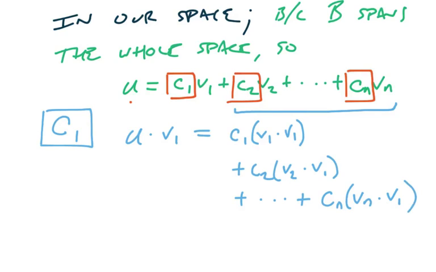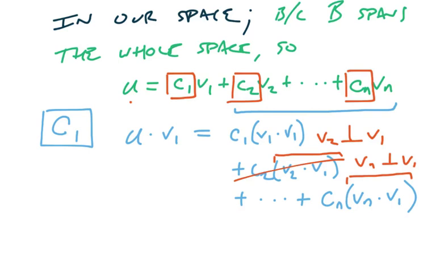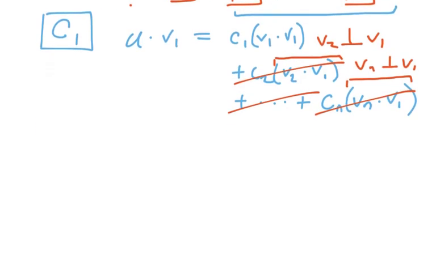And now something really great happens, because I know that each one of these, for instance here, v2 is orthogonal to v1 because it's an orthogonal basis. So that whole term is 0, right? The dot product of any two orthogonal vectors is 0. And similarly here, vn is also orthogonal to v1 because it's an orthogonal basis. So that's also 0. Everything in the dot dot dots is a similar situation. They all dot to 0 because of orthogonality.